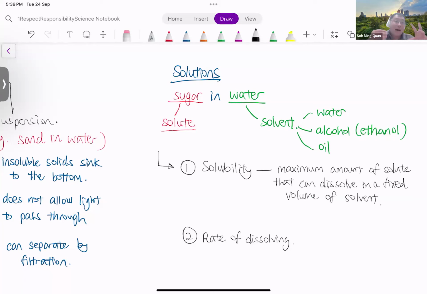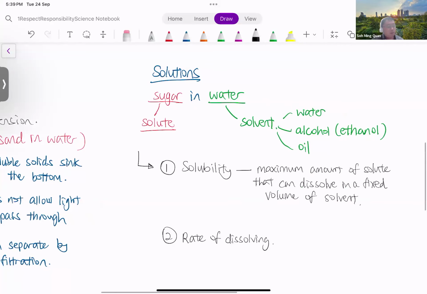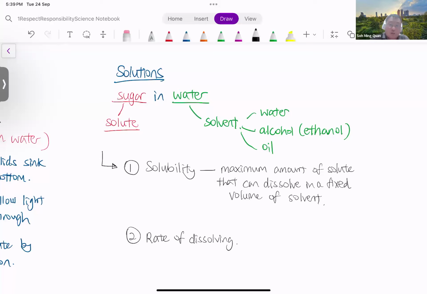That means if I take 100 cm cube of water, how much sugar can dissolve in 100 cm cube of water? That tells me the solubility of sugar. Okay, so this is the definition for solubility. It's the maximum amount of solute which can dissolve in a fixed volume of solvent.